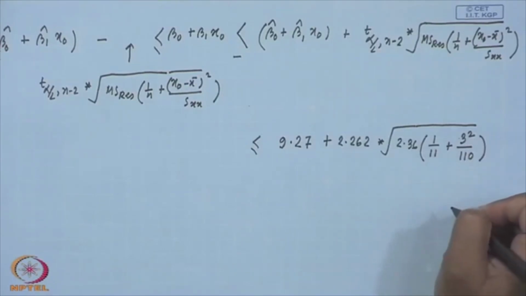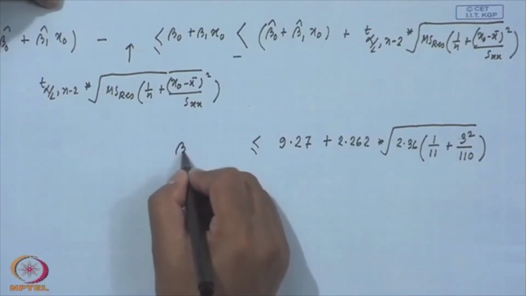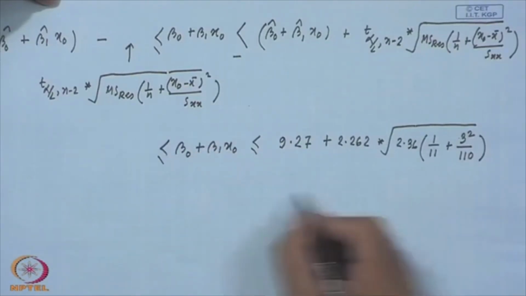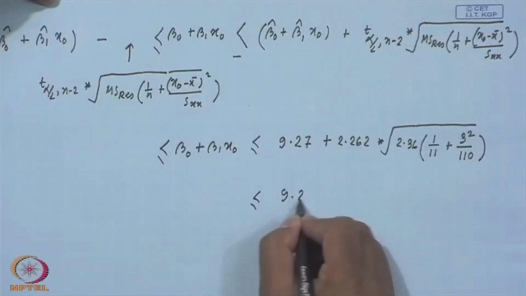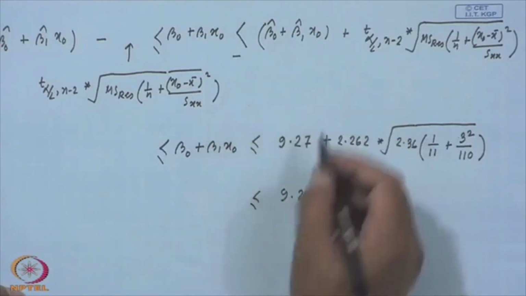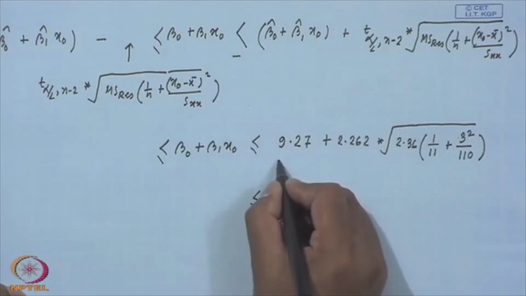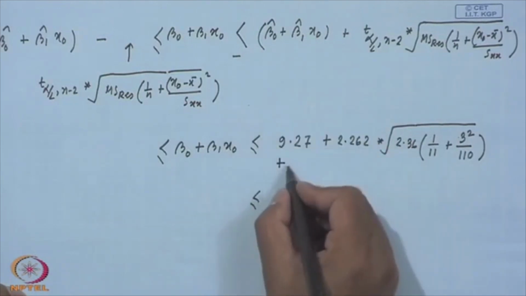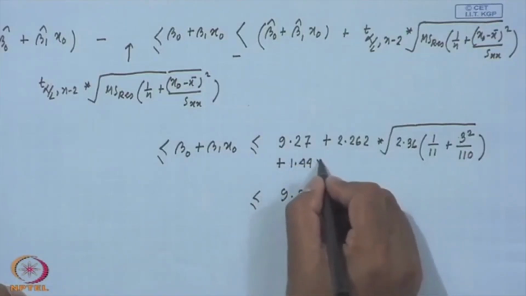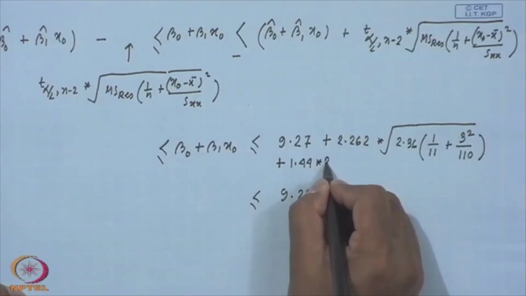So, this one is the upper bound for beta naught plus beta 1 x naught. I think I said something wrong: 9.27 is beta naught only. So, plus beta 1 times x naught, where beta 1 is 1.44 and x naught is 3.